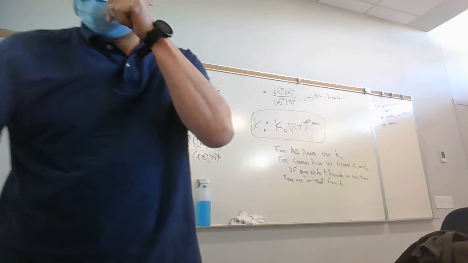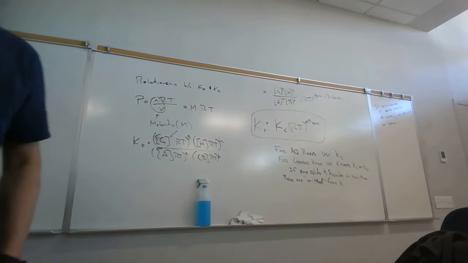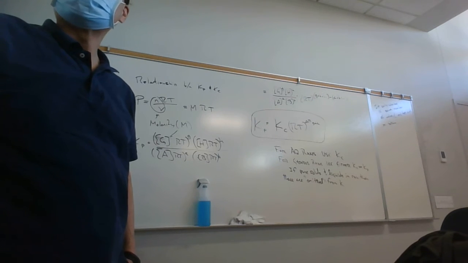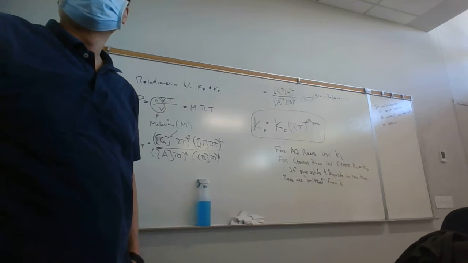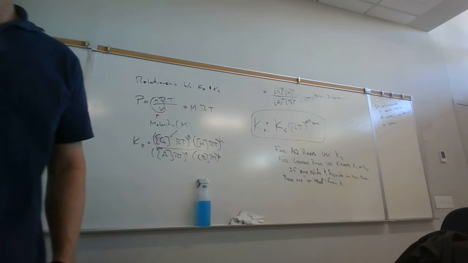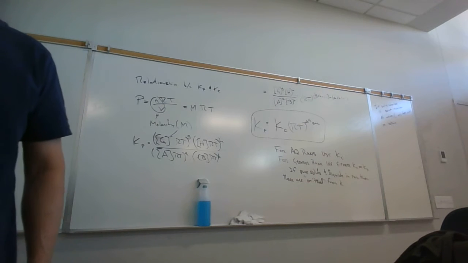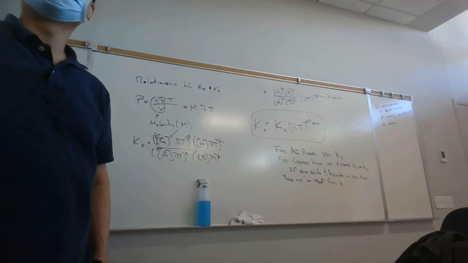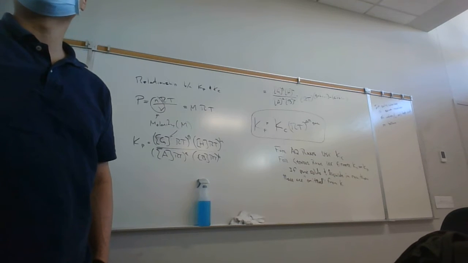Because if you think about it, do you know how much a liter of water weighs? Roughly a kilogram, or 1,000 grams. Do you know how many moles of water that is? The molar mass of water is 18 grams per mole, so it comes out to 55.5 moles in a liter of pure water.